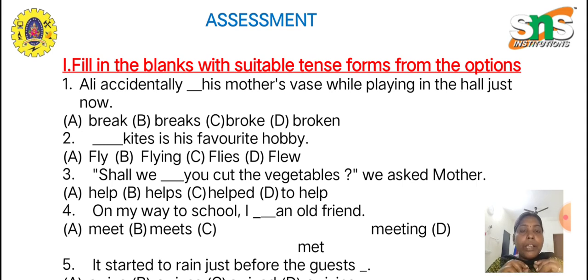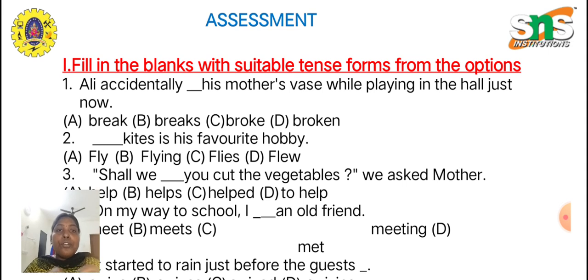Before marking the answer, because all the options might suit the sentence, if you are using break in this sense, it is wrong. Why? Because the third person singular is the subject, so you might use has along with the verb form. And in the second sentence, kites is his favorite hobby, so here what you are supposed to do is flying kites.